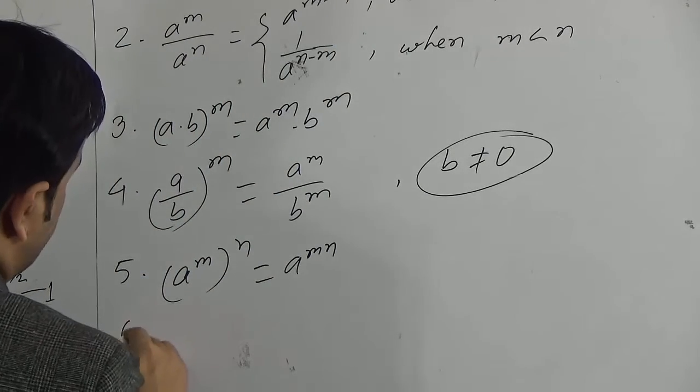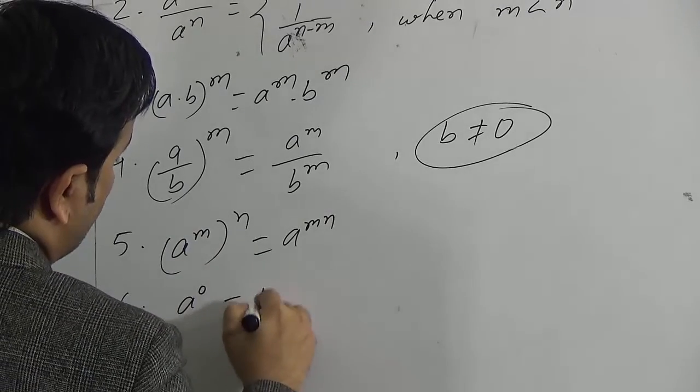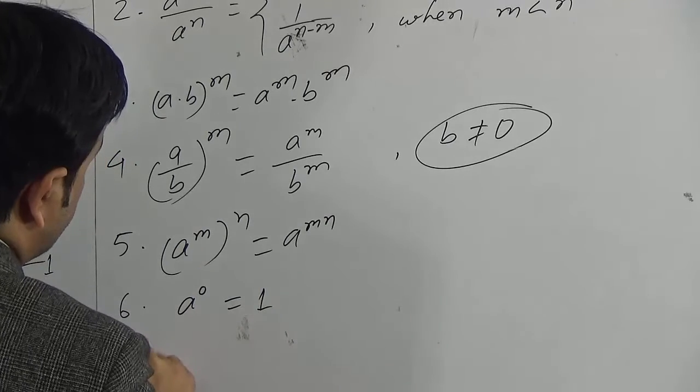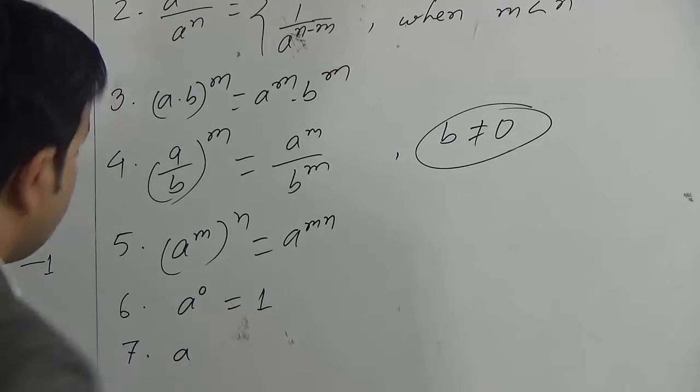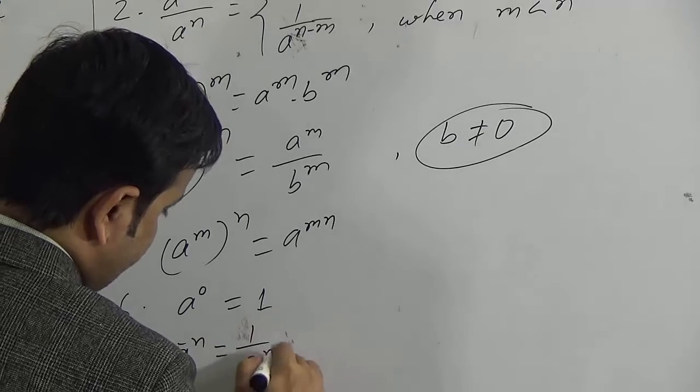Here are some other formulas. a to the power 0 equal to 1 where a is not equal to 0, and a to the power minus n is equal to 1 by a to the power n.